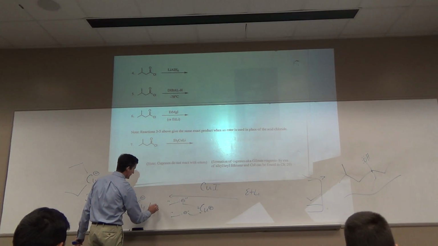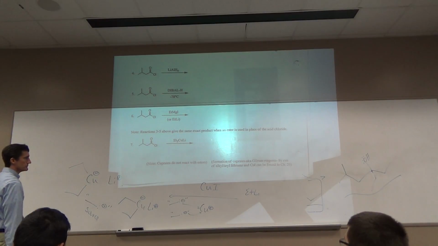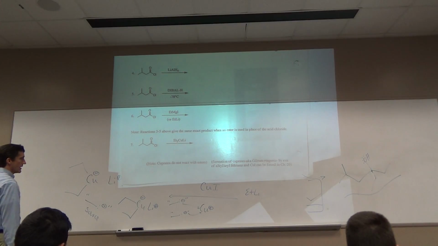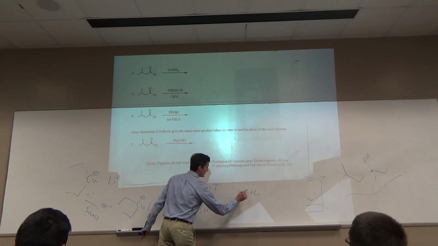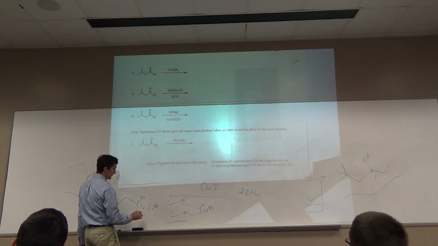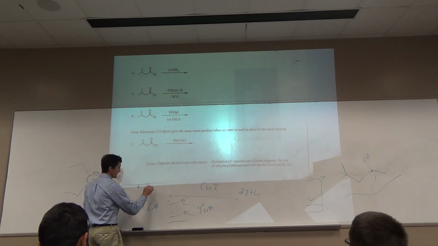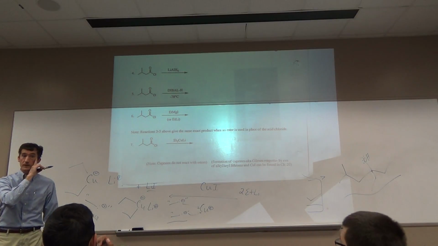The lithium will sit with it. We actually needed 2 of these, so we used 2 of these. 1 lithium sits here, the other lithium sits with what? Lithium iodide would be a byproduct.